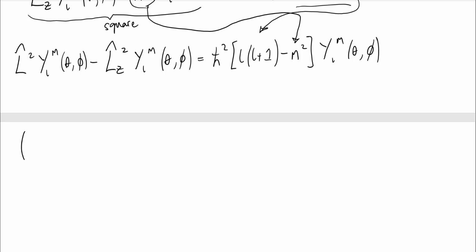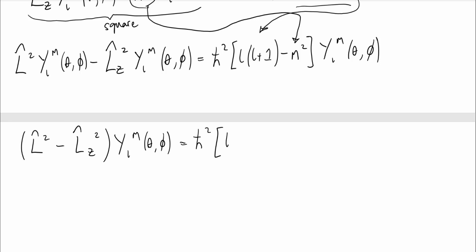And so the first part of the equation now becomes L hat squared minus L z hat squared equals h bar squared, and I'll have these square brackets with the L now again, and then the wave function in here.